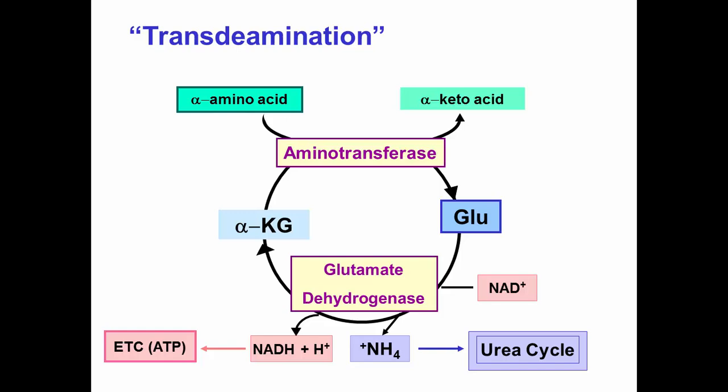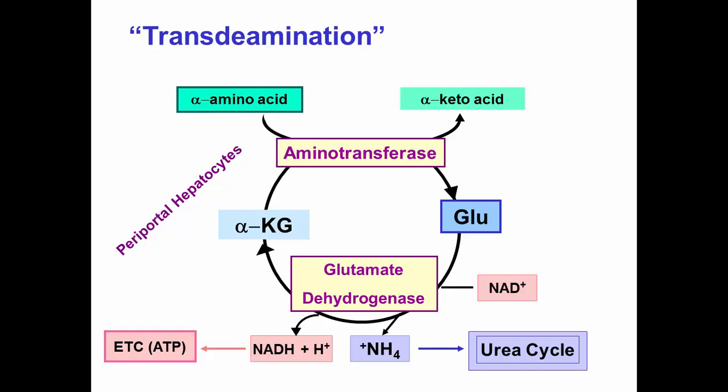So the two-step process of degrading amino acids in a way to get the ammonia into the urea cycle has been termed transdeamination because it's a transamination reaction that forms glutamate. Glutamate then undergoes dehydrogenation to yield a reducing equivalent, and the ammonia goes into the urea cycle, and it's highly efficient, very, very useful. The first two steps of the urea cycle are also in the mitochondria. Remember that we're, tissue speaking, in the periportal hepatocytes, right?